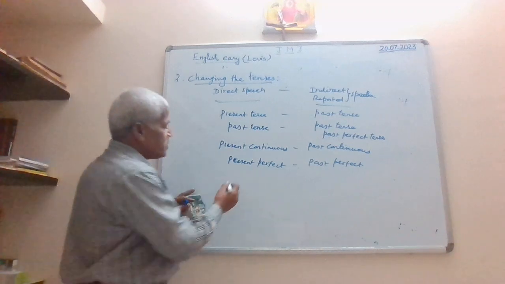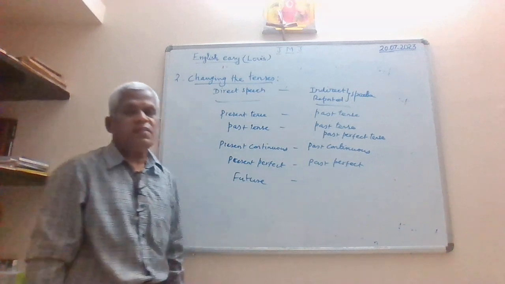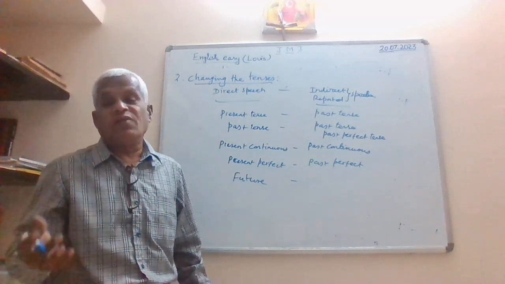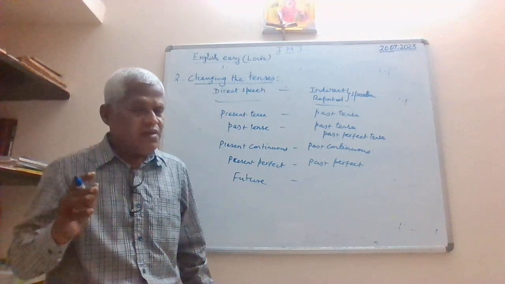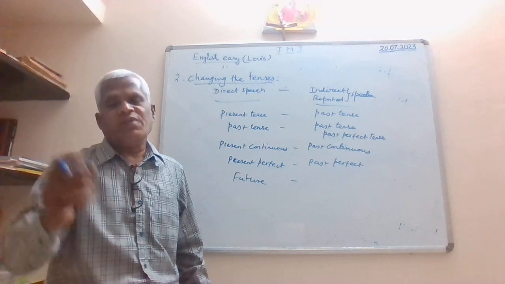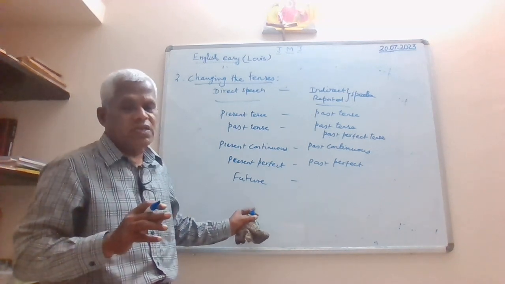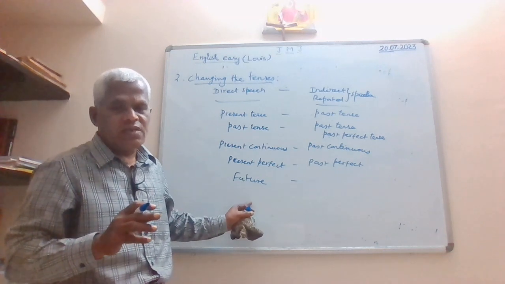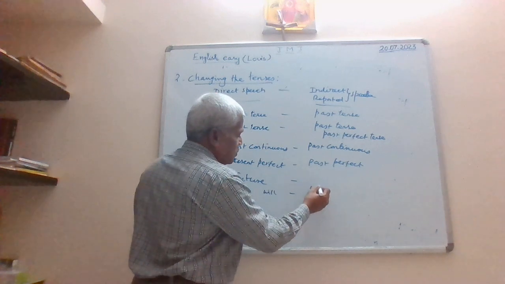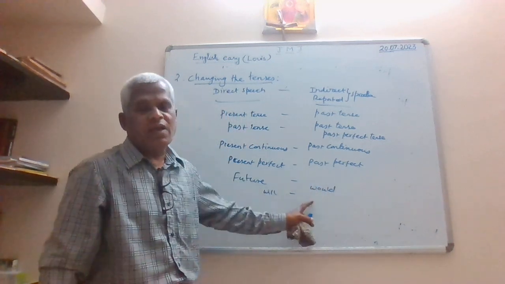Now when it comes to future, what is the future form of the verb there? You must add will or shall before the main verb. So that is the understanding of the future tense. Now this future tense, for example, will becomes would, and shall becomes should.